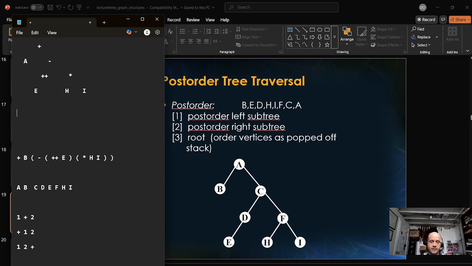In this case, A is going to be the last value that's being considered, and it is going to be addressing the subtree to the left. The post order left tree that's by the first value, and then the post order right tree.